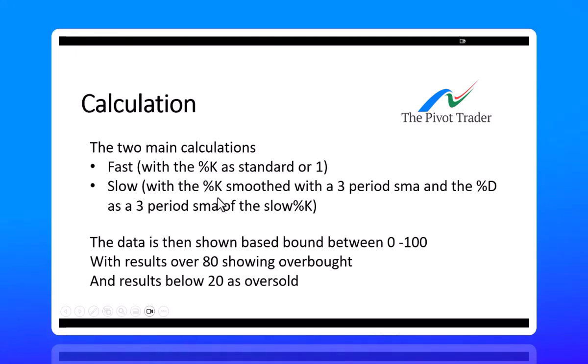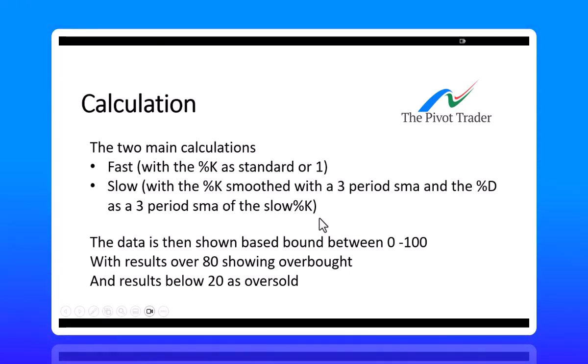What they've done here is smooth out the stochastic with a 3-period moving average, so effectively it's what the percent D is in a normal one. The percent D is then a 3-period simple moving average of the slower percent K.